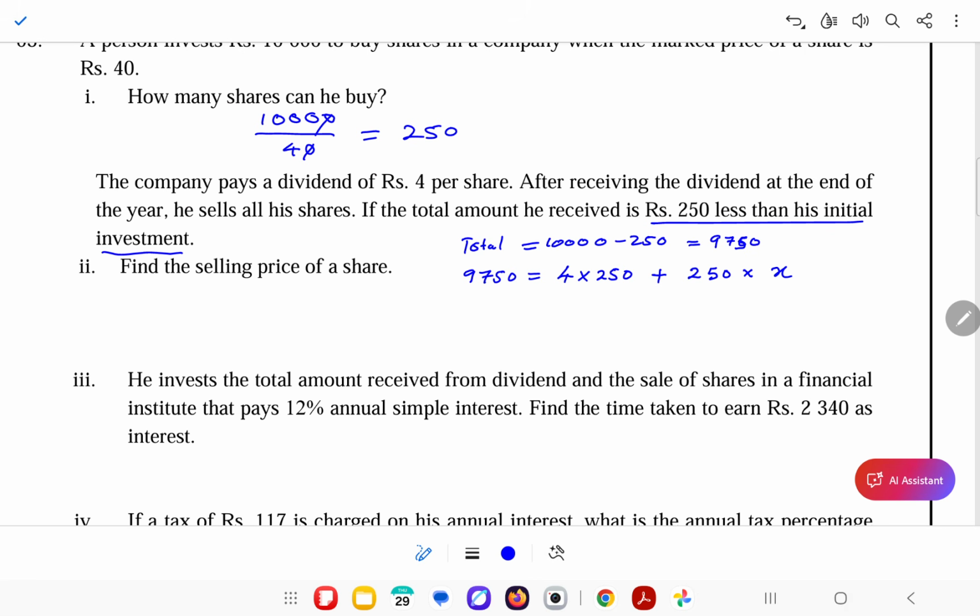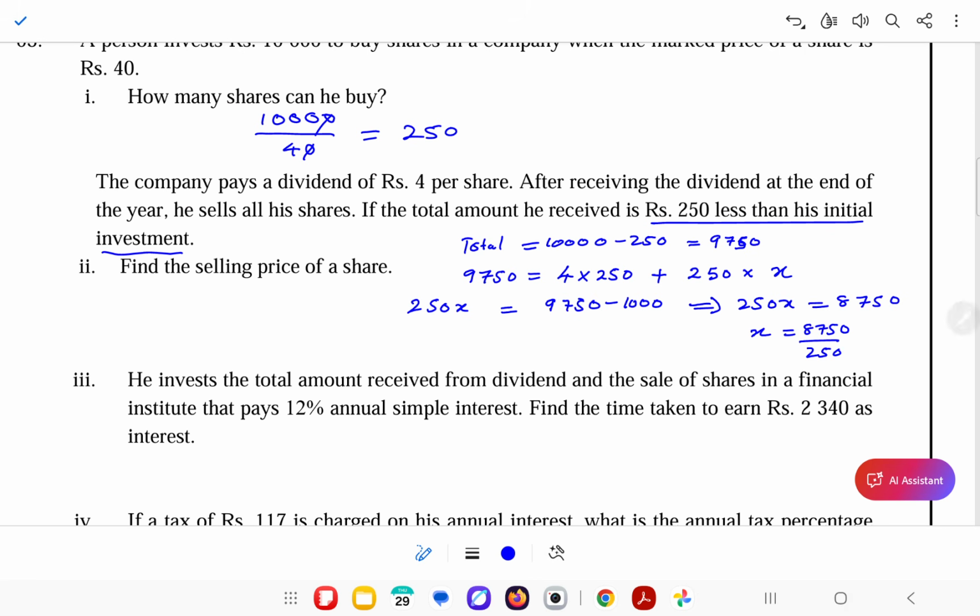So now let's simplify. 4 into 250 is 1000. So 250x is equal to 9,750 minus 1000. So 250x is equal to 8,750. So divide by 250. So you get what? 35, no?